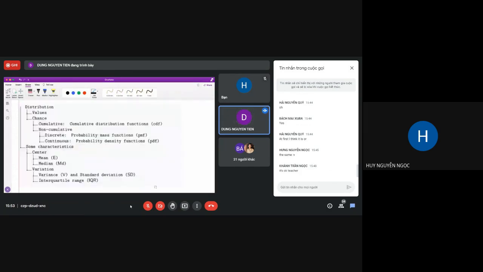We learned how to describe the distribution of a random variable by using the CDF, the probability mass function, or the density function. Then we learned some characteristics of a distribution, including the mean value, the median, the variance, and the standard deviation.